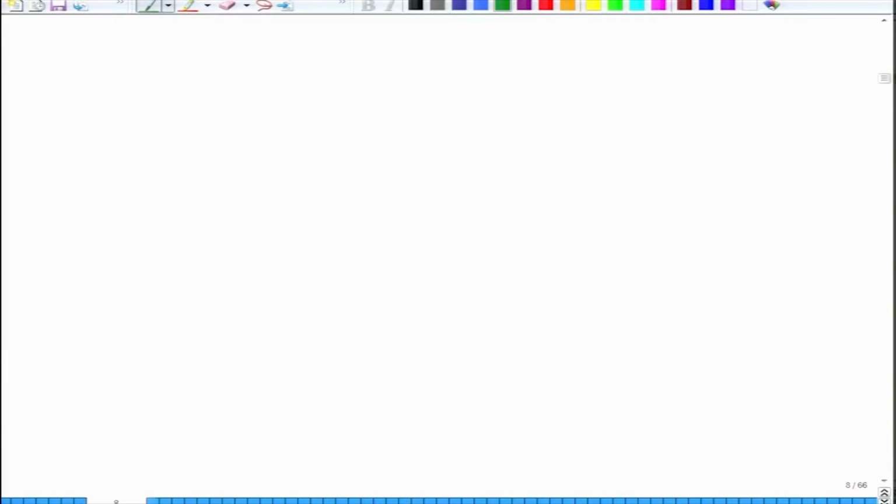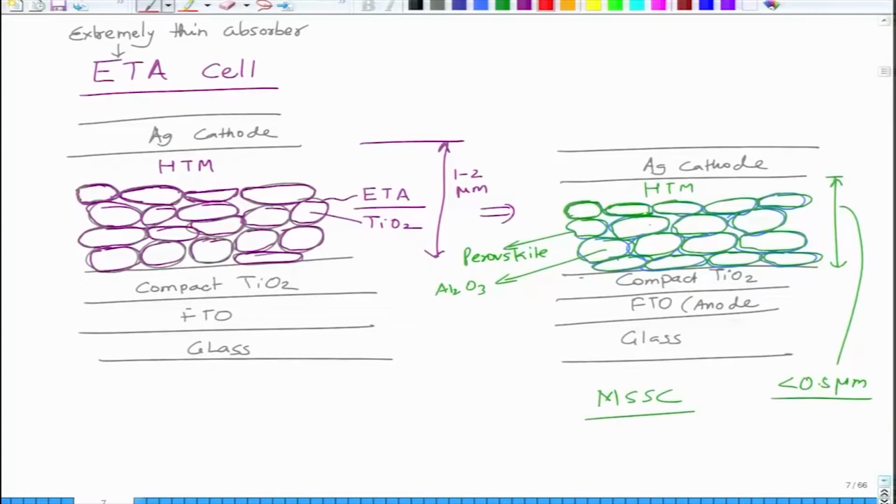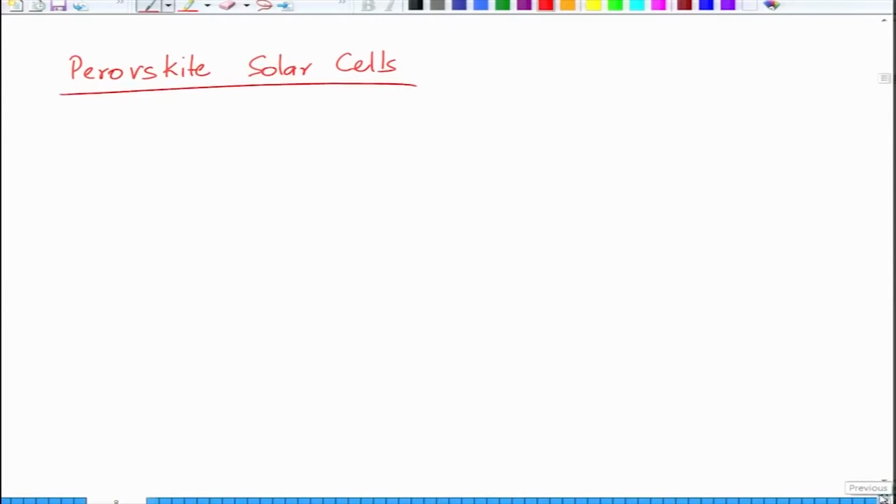So, essentially a perovskite solar cell can have multiple designs. Here, in the previous case we had sensitization using a perovskite coating, but now we have moved away from perovskite sensitization.